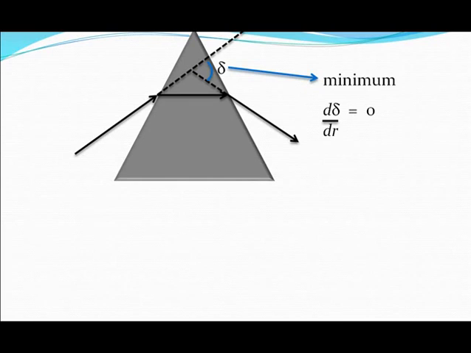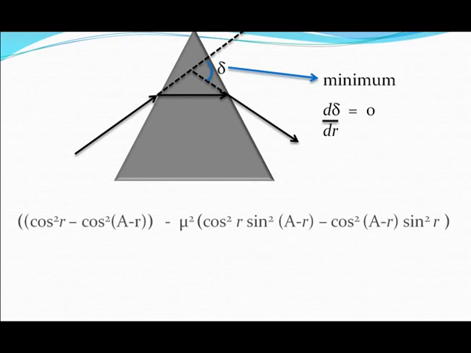When we differentiate the expression that we just derived with respect to r, this is the actual expression that we get. I know it's all very complicated, but all we've done is differentiate the expression you just saw before. When we equate this expression to 0 and simplify, this is the final expression that we get.